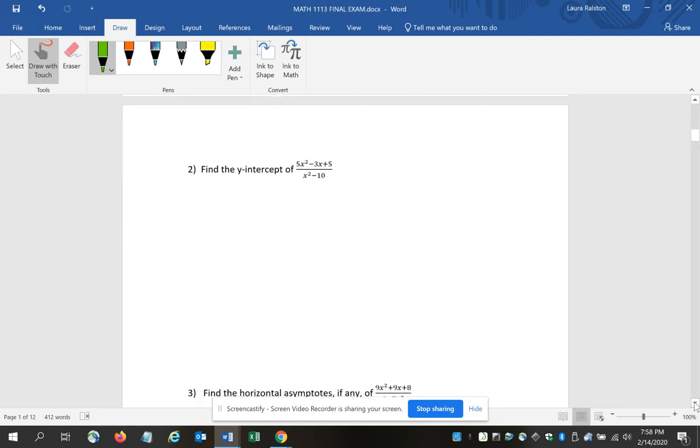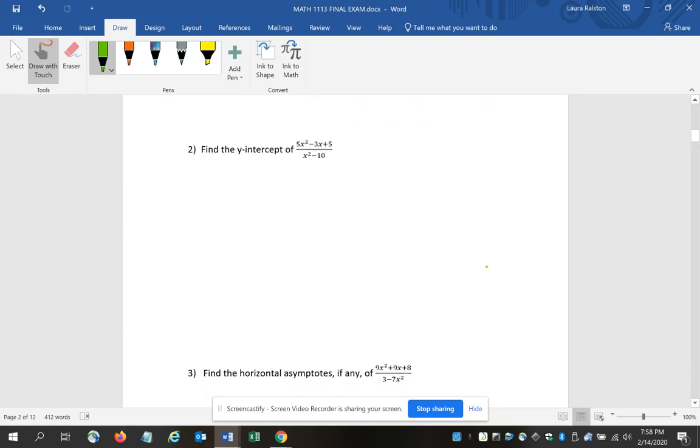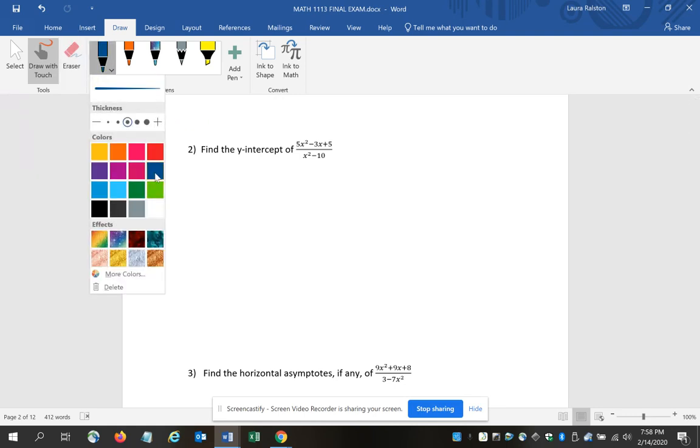Question number 2 asks you to find the y-intercept for the rational function 5x squared minus 3x plus 5 divided by the quantity x squared minus 10.